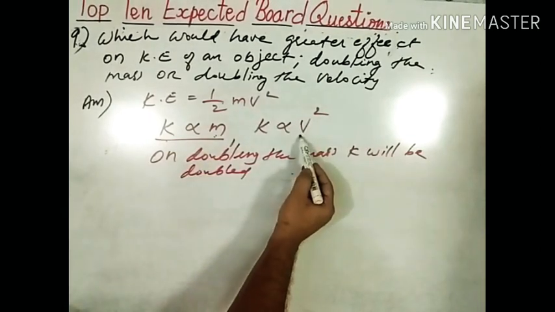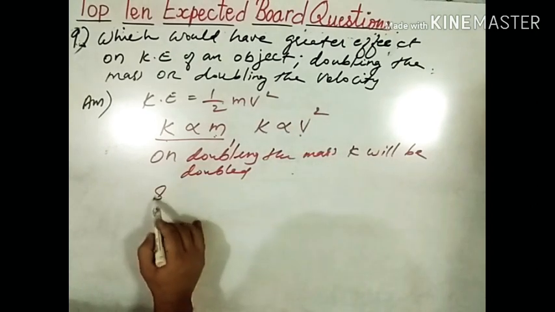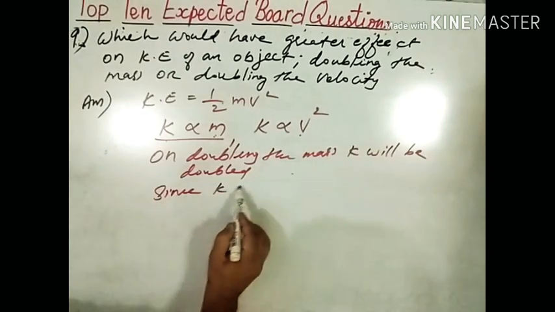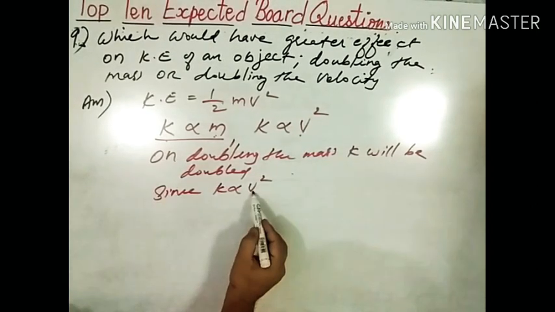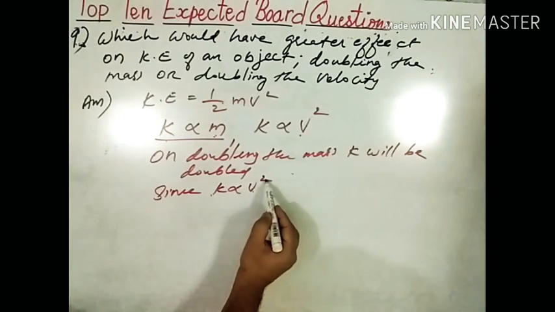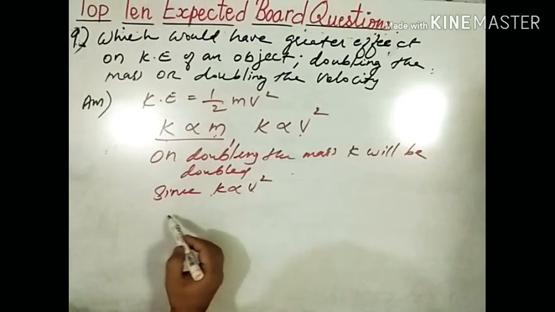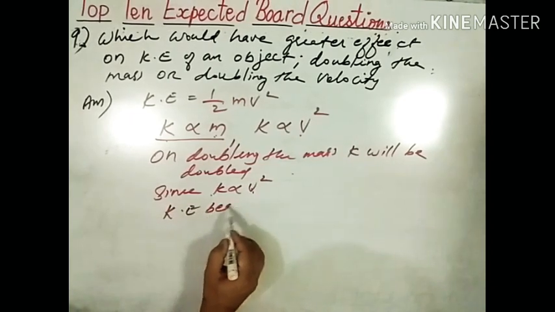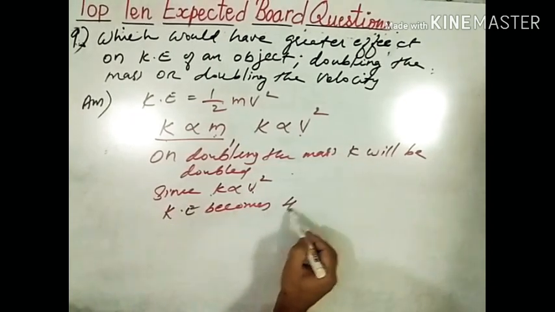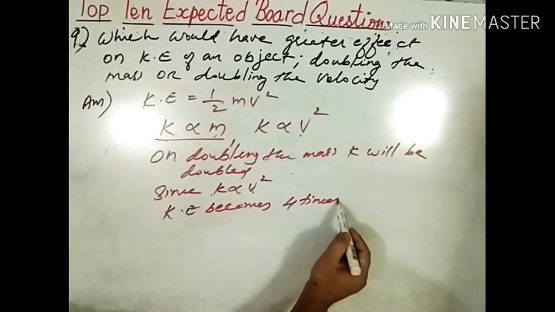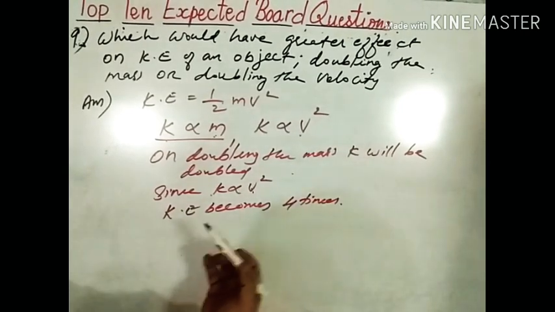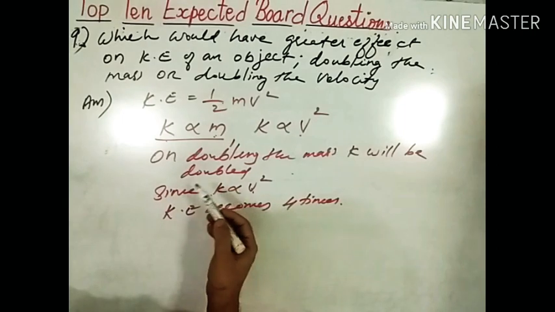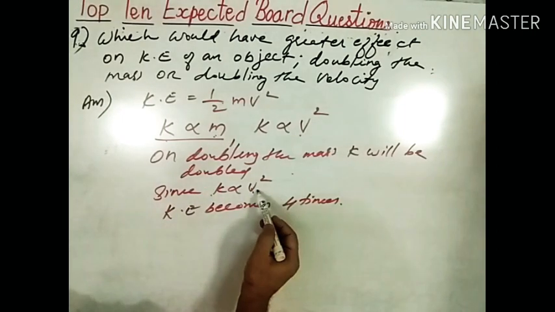What happens when the velocity is doubled? Since K is directly proportional to v square, when velocity is doubled, 2 the whole square, that is 4. So when velocity is doubled, kinetic energy becomes 4 times the initial value. So which will have more effect? The kinetic energy increases 4 times when we double the velocity.